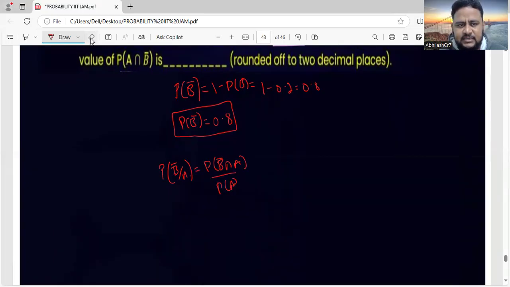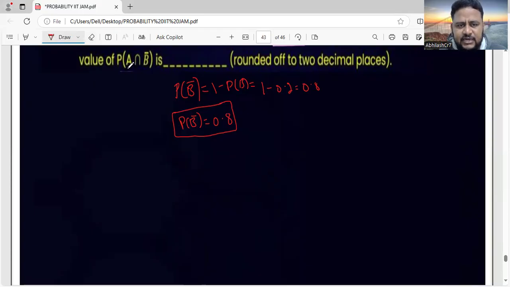Write it neatly. Remember, this is a very important step. I have to get A intersection B dash in the formula. So for that I should use conditional probability. Otherwise, A intersection B dash we cannot use.